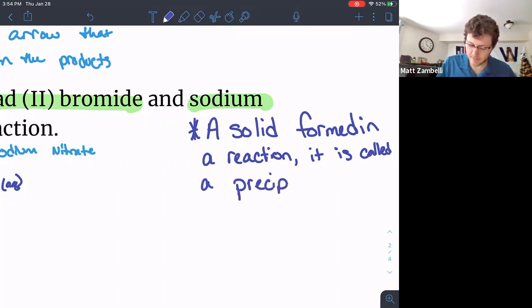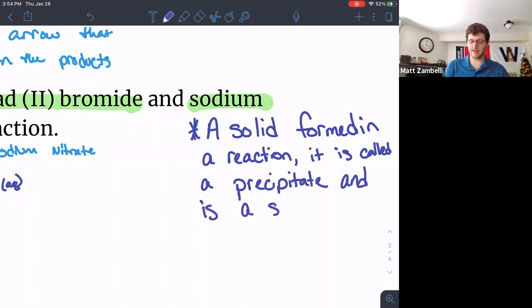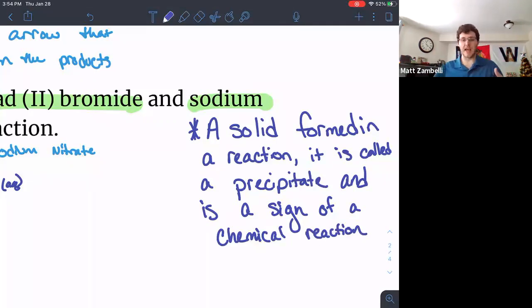Precipitate. And it is a sign of a chemical reaction. So it's a precipitate, which is one of our 6 signs.